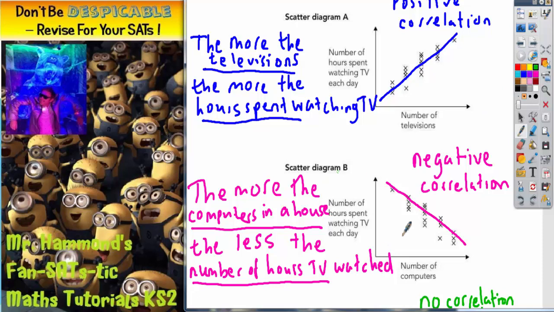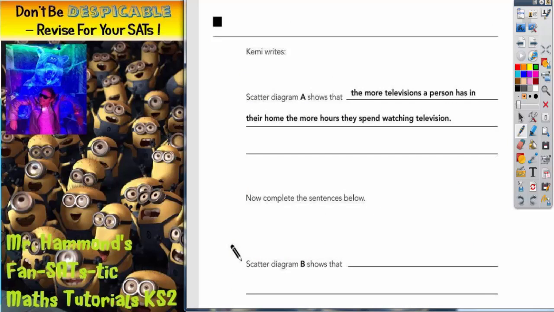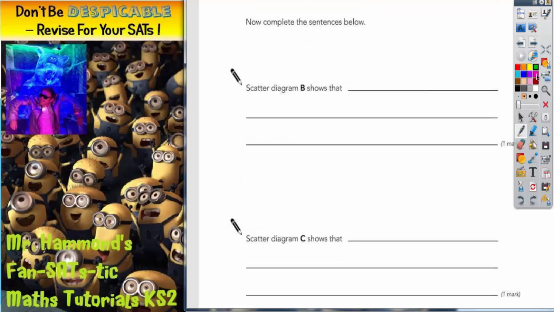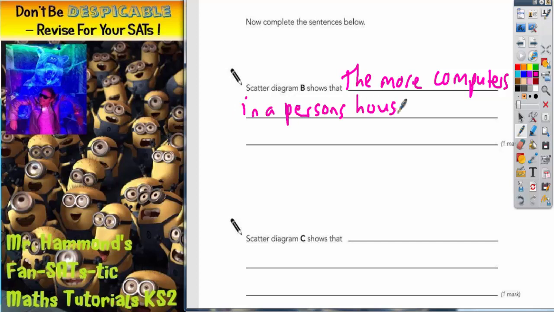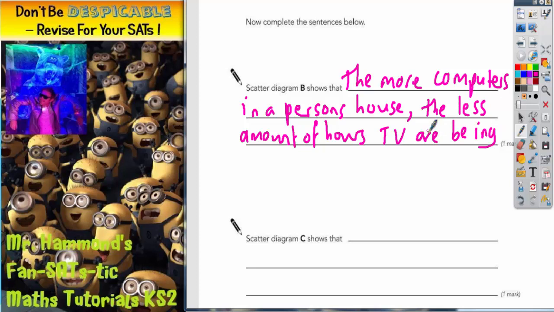So on diagram B, diagram A has already been done for us, we're saying the more computers there are in a house, the less number of hours TV are being watched. So diagram B shows that the more computers in a person's house, comma, the less amount of hours TV are being watched.